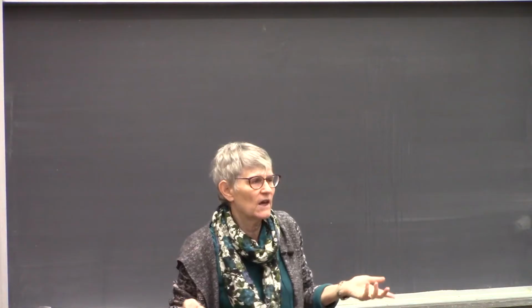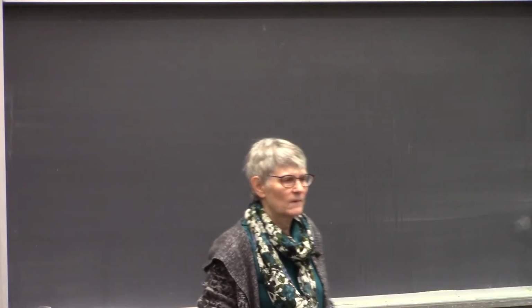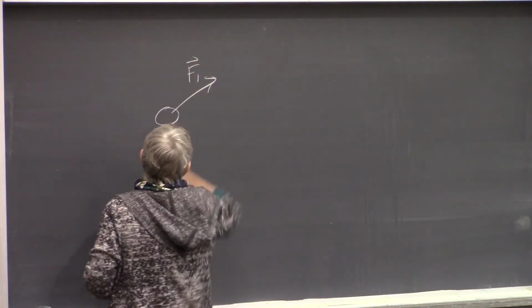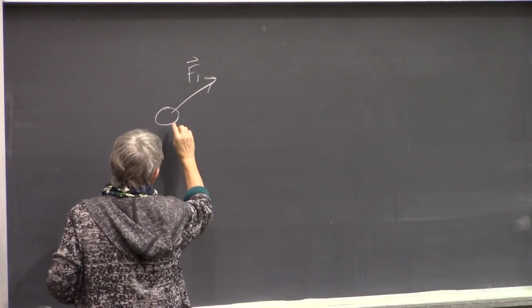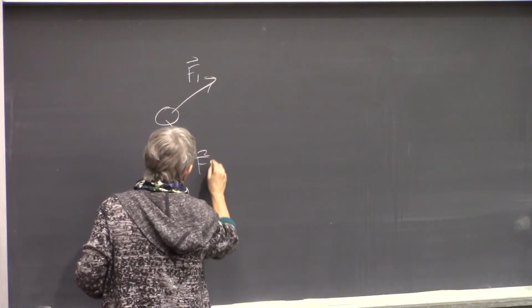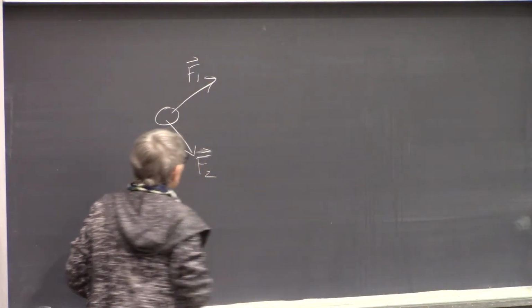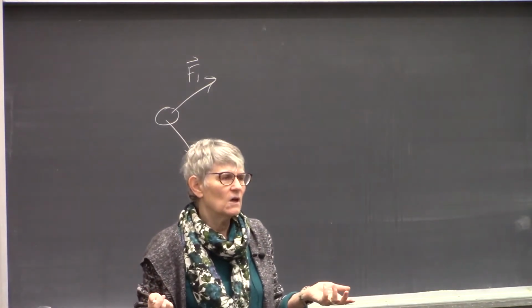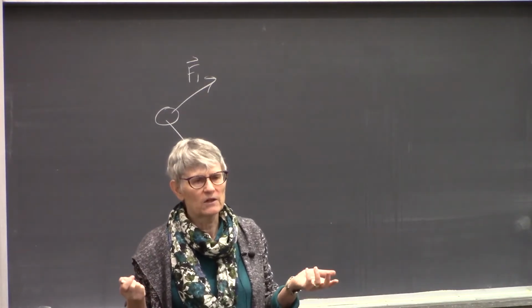So, to add vectors, it's something we did last semester: we added forces to get a net force, right? So if we have an object that's got a force F1 acting on it, but it also has a force F2 acting on it, the net force is going to be the sum of F1 plus F2. And we can add vectors both algebraically and graphically.